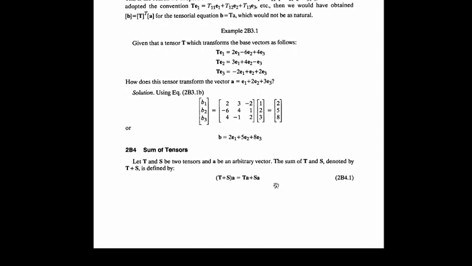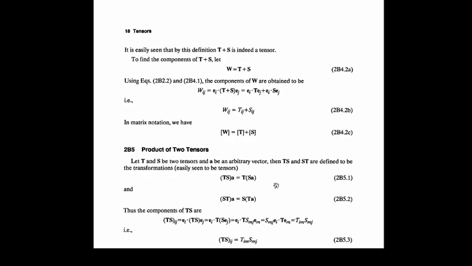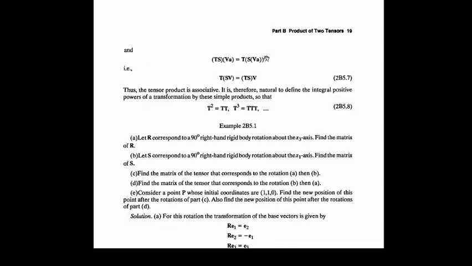So you need to check those two properties for this sum. As we are saying that this sum is a tensor, it must satisfy those properties. You have to confirm this. Here it is also written that T plus S is indeed a tensor. You need to show this.